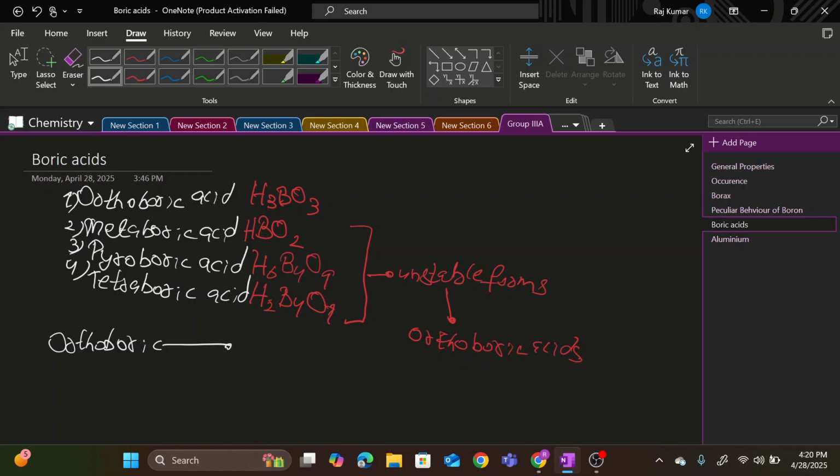When we provide heat to orthoboric acid up to 100 centigrade, it will convert into metaboric acid. When you provide heat to metaboric acid up to 140 centigrade, it creates tetraboric acid. And when tetraboric acid is heated strongly, it creates boric anhydride. So this is the entire thing about it.